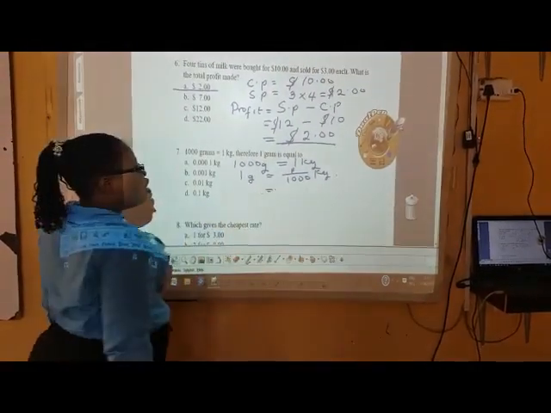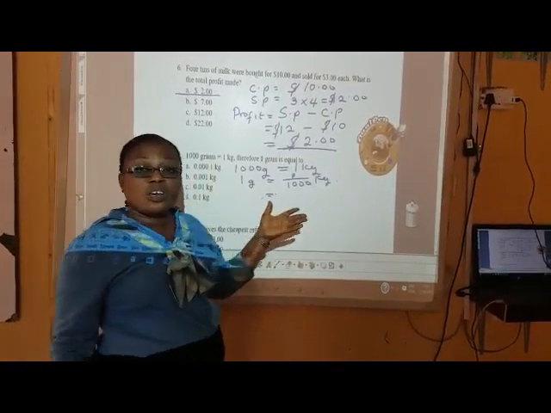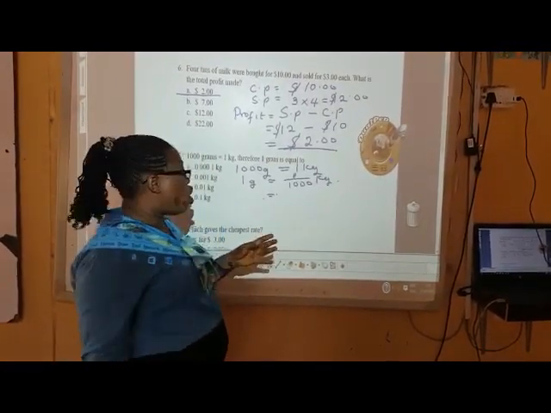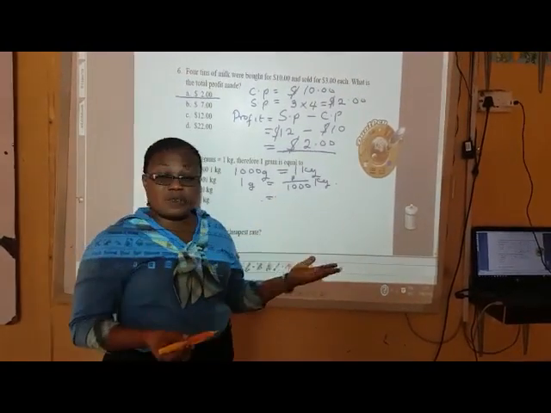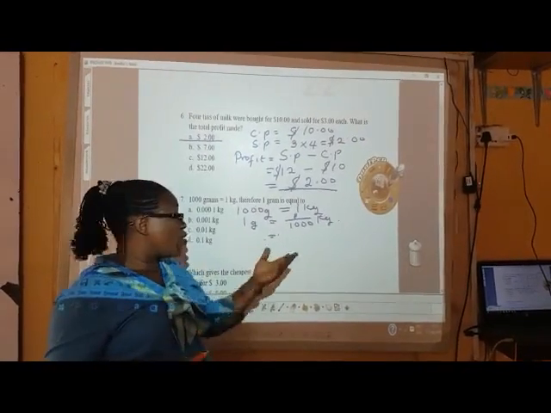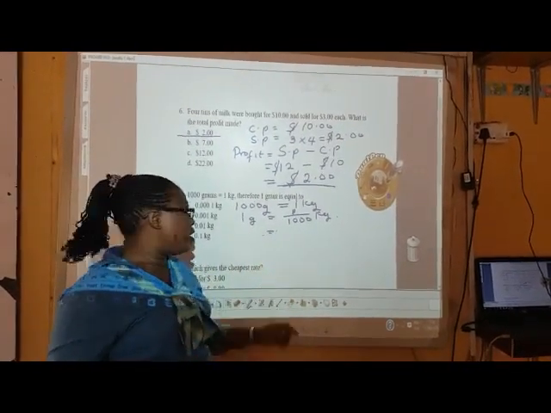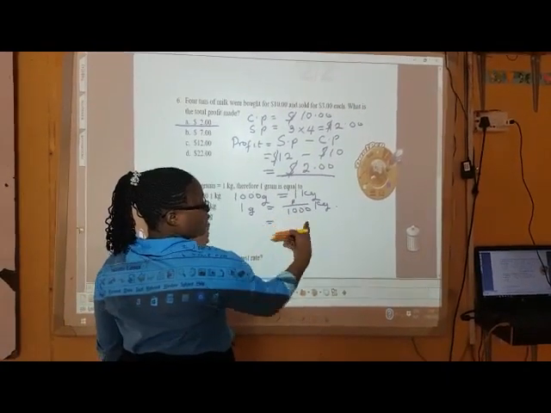Now, to change this to decimal, you can use the long division method or you shift your point. But I want to teach you the shifting of the point, because this is common in the entrance exam. You have to know all those simple ways where you can arrive at your answer on time. Now, we have 1 divided by 1,000.